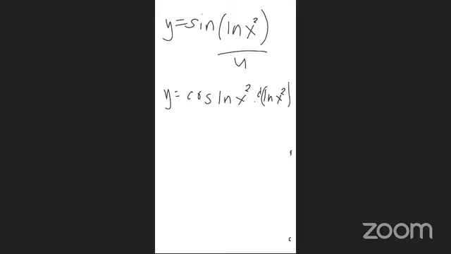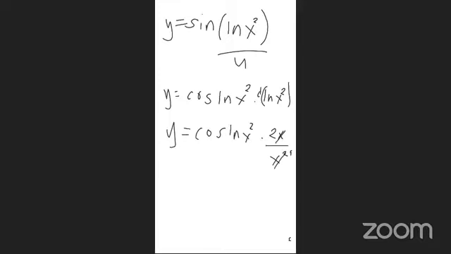What is the derivative of ln x squared? The derivative of ln is du over u. So the du is 2x over x squared.